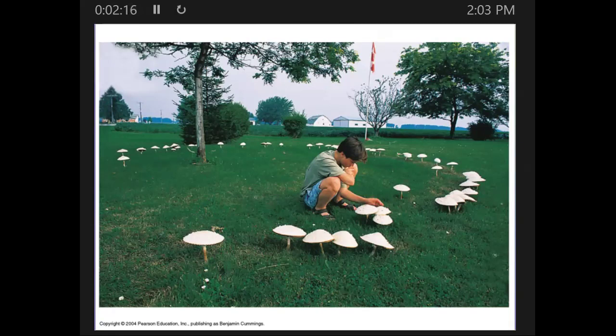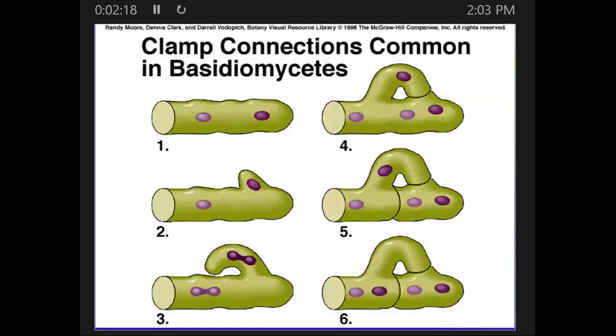Sometimes someone will bring me a fungus and say, what kind of fungus is this? And if it's just a bunch of hyphae that they gave me, this is what I do. I look at it under the microscope and I look for plant connections. This is very distinctive for basidiomycete fungi.